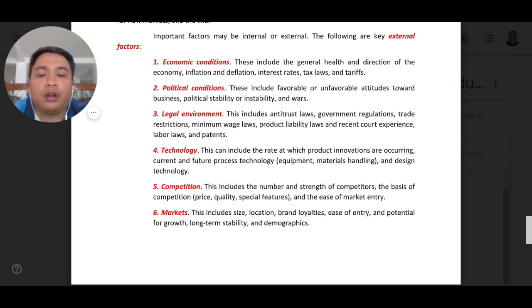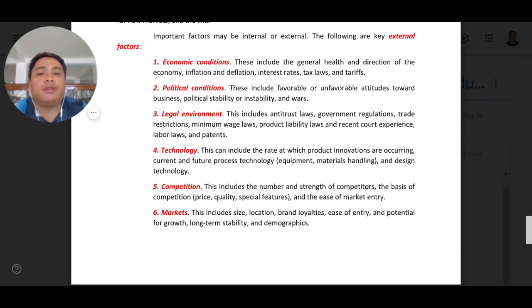Another example is how they can help the business establishments in terms of the pandemic. Some business establishments did not open during the pandemic. So, what did they do? The local government unit gave tax discounts. Those are examples of political conditions that can affect the business organizations.